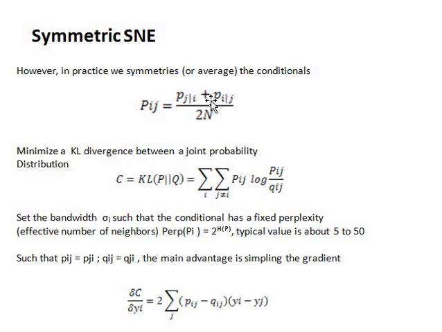The problem is that these two probabilities must be the same, because they are obtained between the same two data points, but Pj given i and Pi given j are not the same. That's why we try to obtain the overall, that is nothing but the average of that. That is the joint probability of those two conditional probabilities.